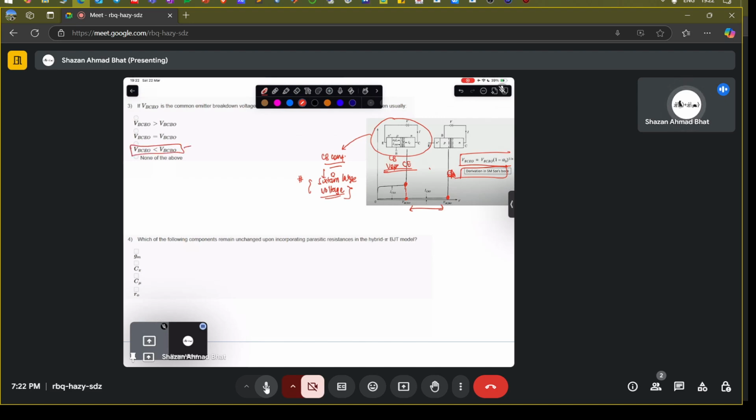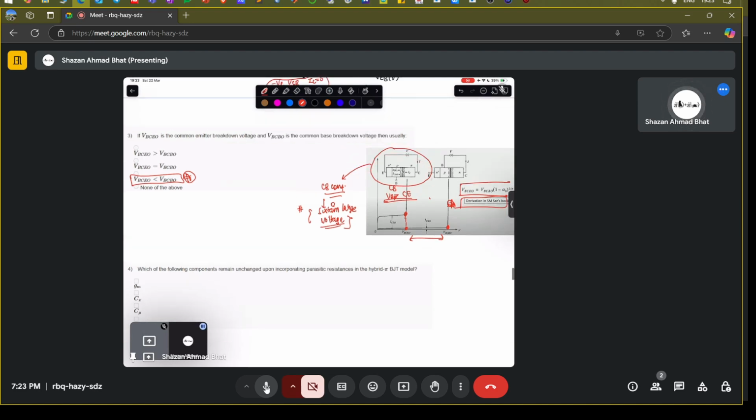So the answer is that the breakdown voltage of the common base configuration is greater than that of the common emitter configuration, and it can be understood simply by how you apply the voltages in these particular configurations. In the common base configuration, you see how this voltage is applied, and in the common emitter configuration, how this voltage is applied.